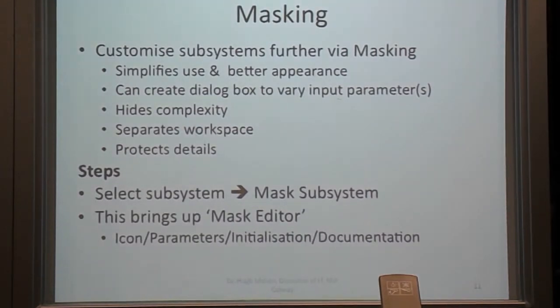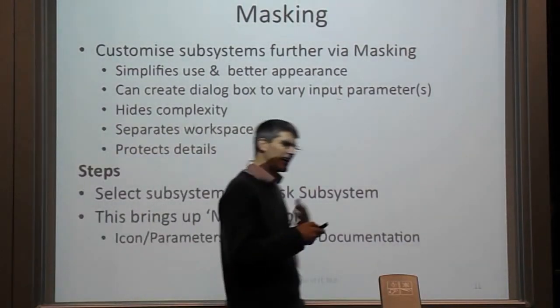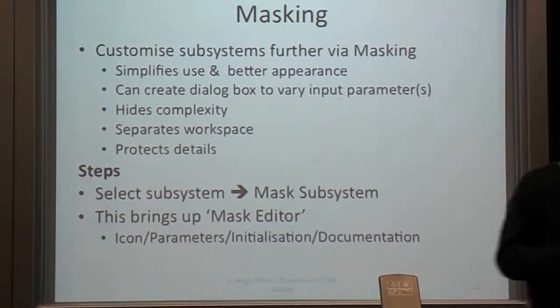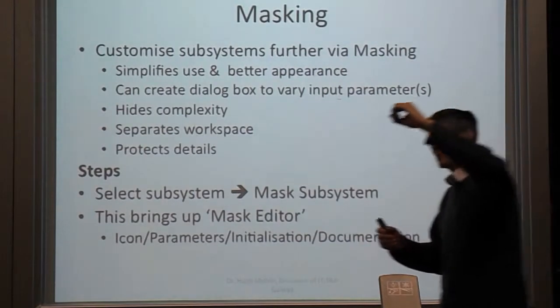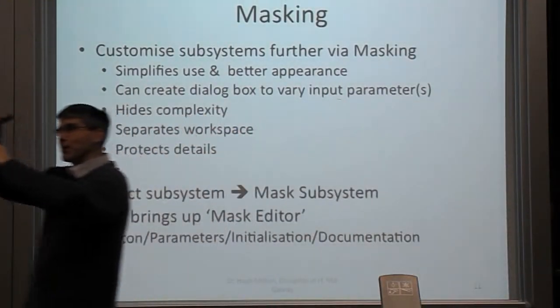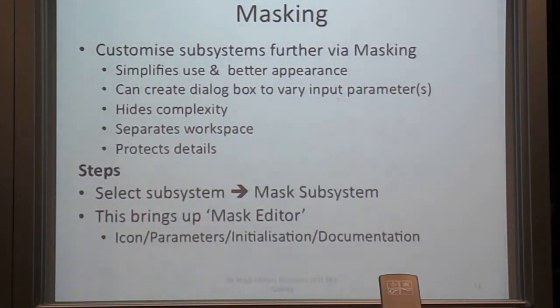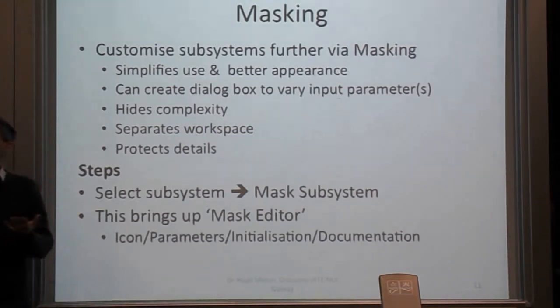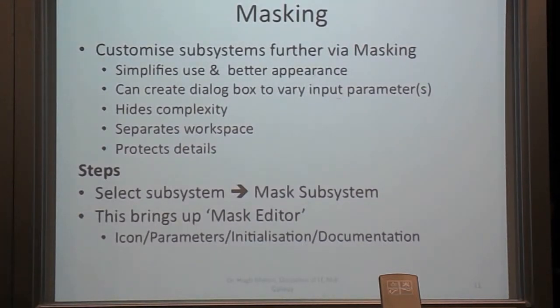Some people would say it's a bit of a positive, but actually what it does is it adds another layer of complexity. So I said in terms of workspaces, you've got the base workspace, you've got the model workspace, and now you've even got a mask workspace. So what it means is that that variable initial value no longer appears in the model workspace because it's actually hidden within the mask workspace.